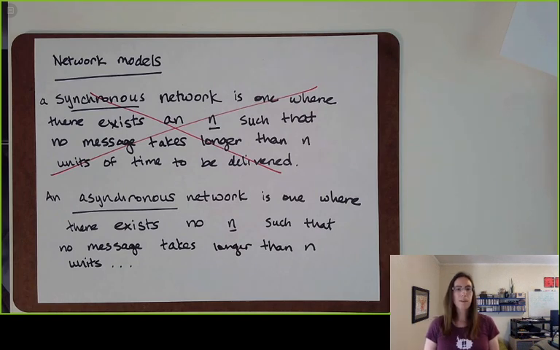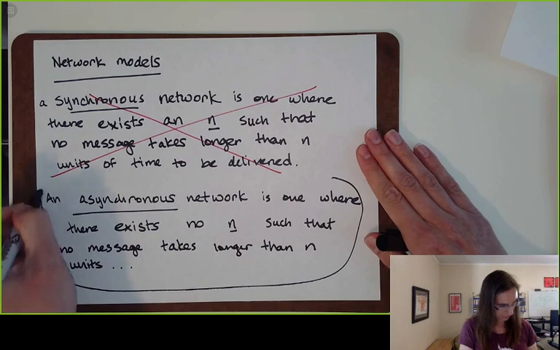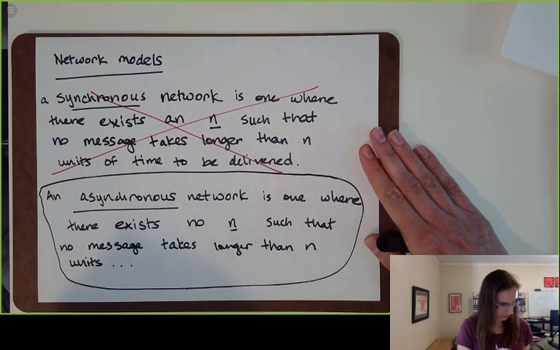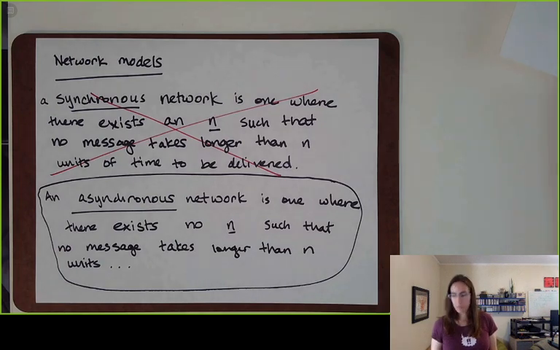So we're going to be spending most of our time in this class talking about the asynchronous network model. Not because it makes our life easy, because it certainly doesn't, but because this is the more realistic approach. If I were going to ask you to implement a protocol, and you need to pick a network model to work with, what network model are you going to pick to make sure that the protocol that you're implementing is robust?